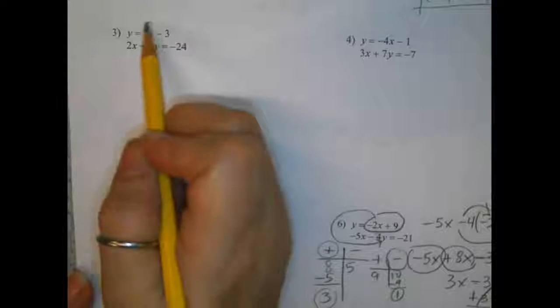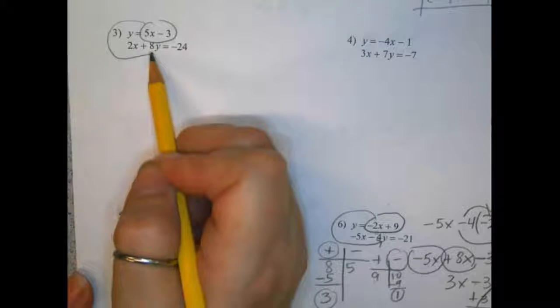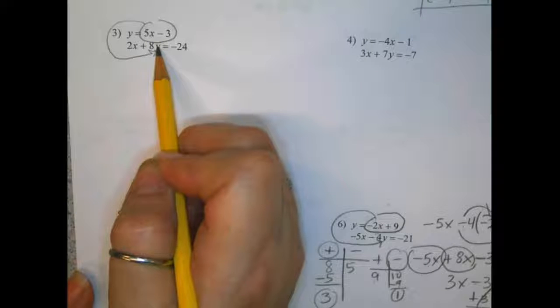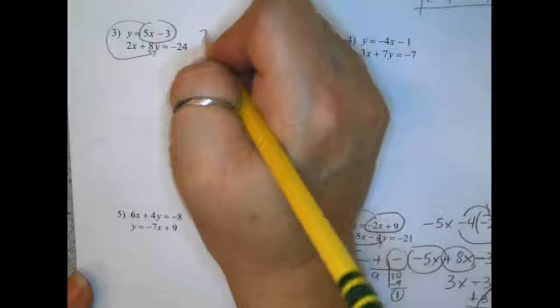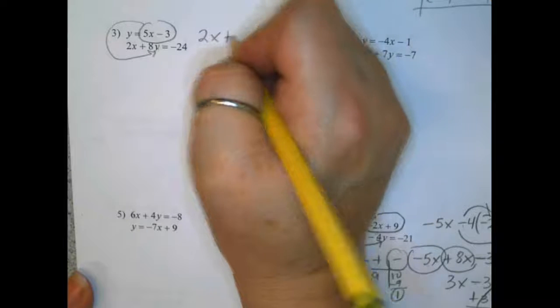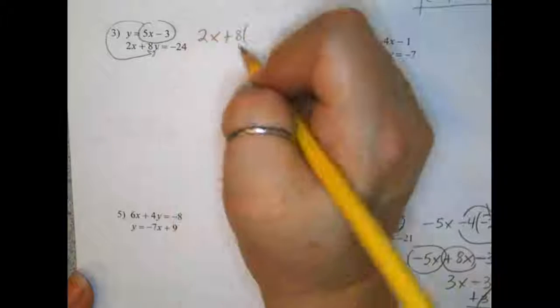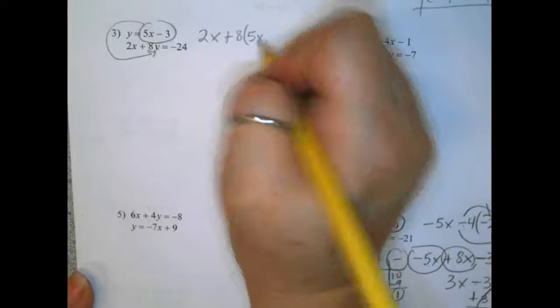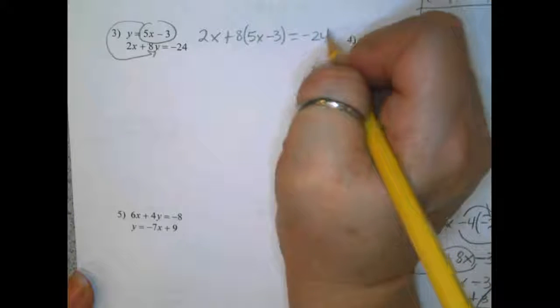Okay, so y is equal to 5x minus 3. So I'm going to take that information and put it into my equation where y is here. So pay attention up here, guys. My equation now says 2x plus 8 times my value for y, which is 5x minus 3, and it's equal to a negative 24.